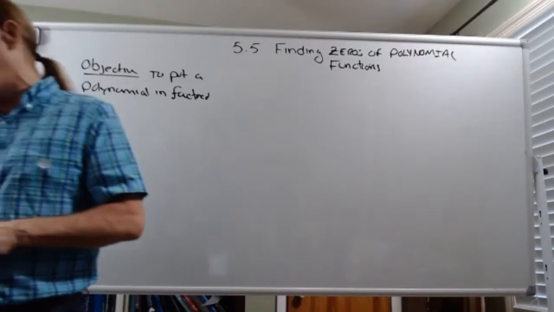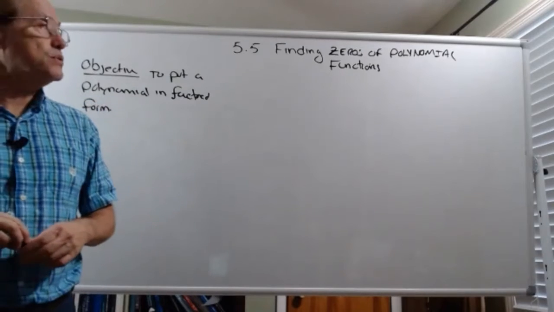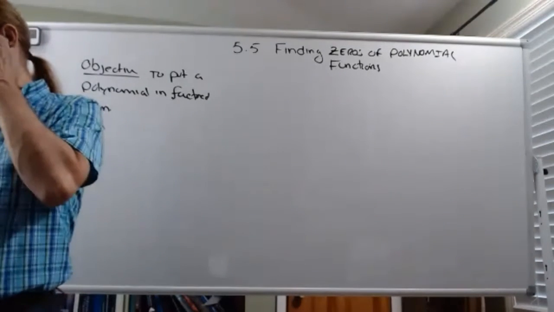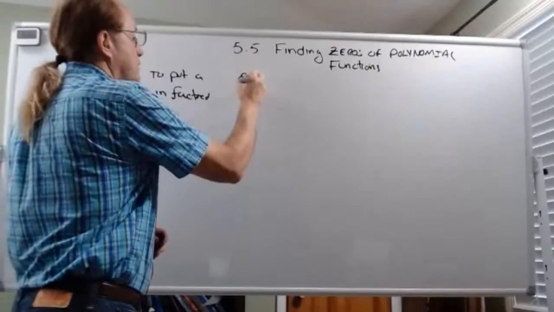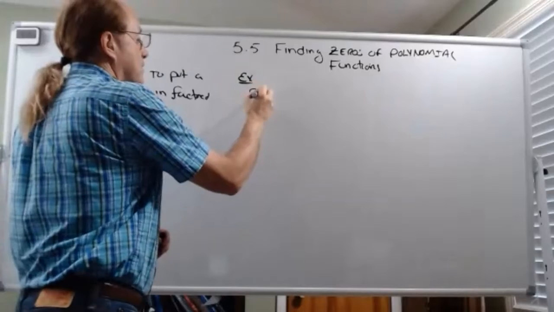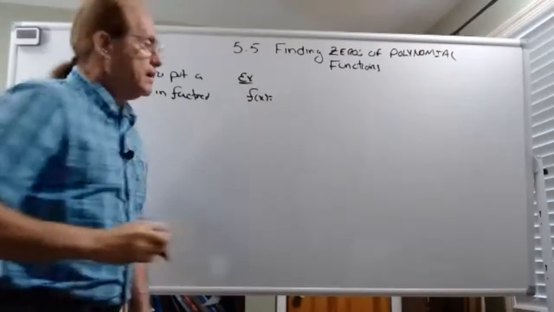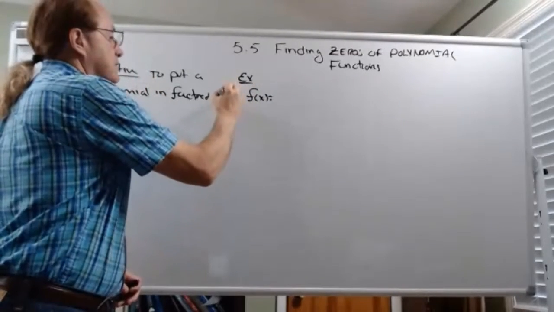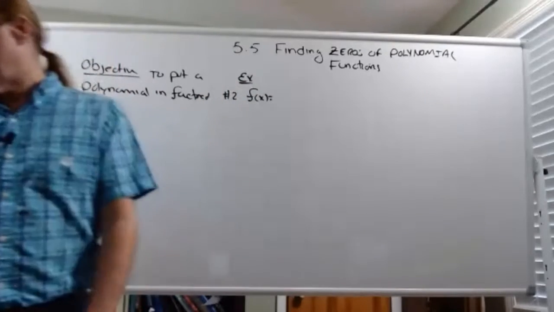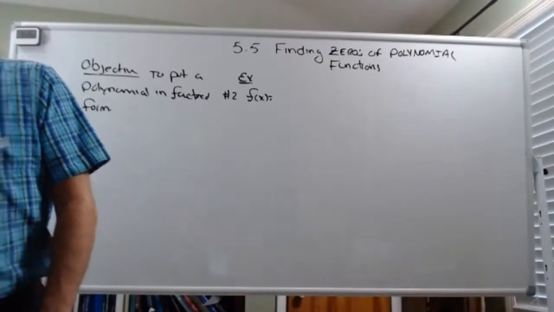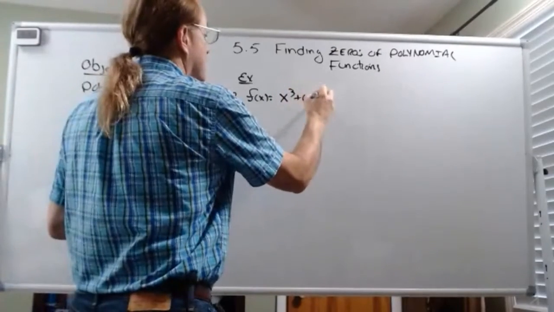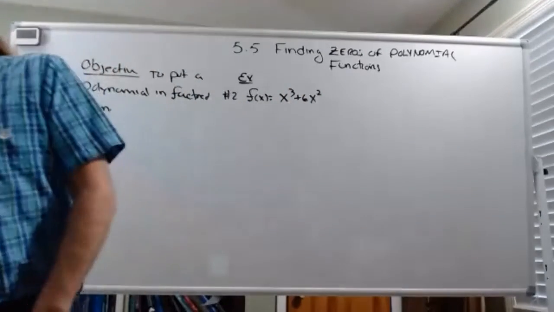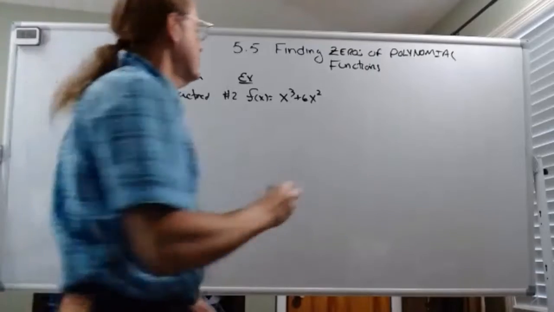I'll assign you the odd ones that'll be due on Wednesday, for tonight and Wednesday. Let's take a look at some examples. I'll go through them, and then I'll have you try some. Here's my function, f of x, and this is number 2 from our chapter exercises: x cubed plus 6x squared plus 5x minus 12.